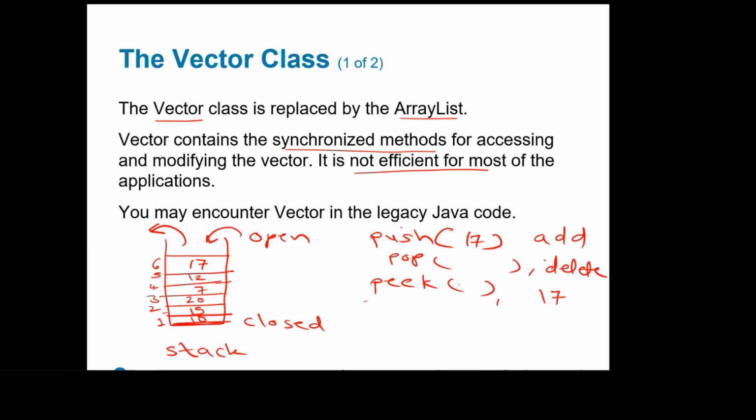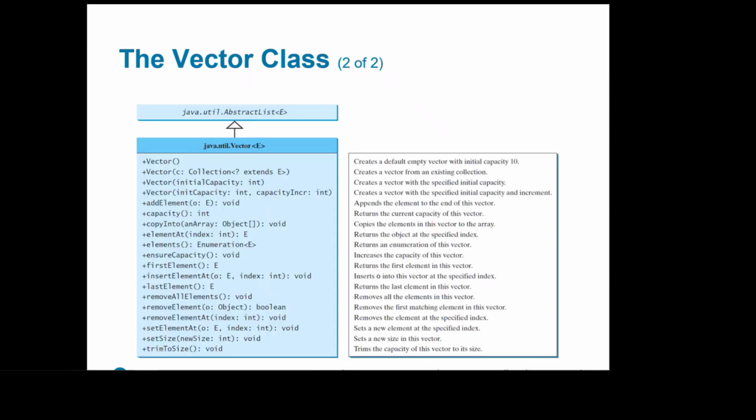Any value we push will come on top of the stack. So stack is also called a last in, first out data structure, because whatever value goes in last comes out first.